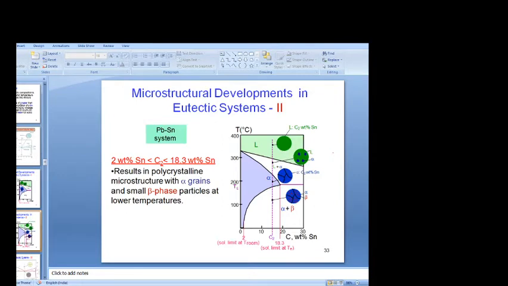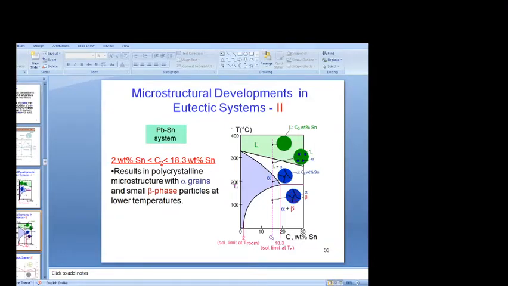This figure represents the laminar eutectic structure. Here we are showing the alpha and beta phase layers of the eutectic growing into and replacing the liquid phase, moving in a progressive mode.